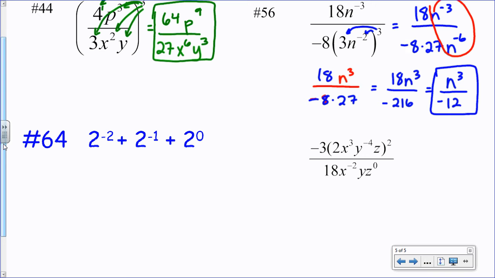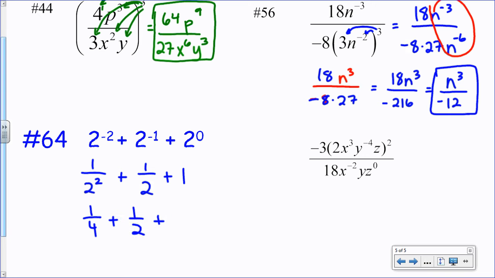So 2 to the negative 2 would be 1 over 2 squared. Plus, what's 2 to the negative 1? 1 over 2, 1/2. What's 2 to the 0? 1. 1 over 2 squared is 1/4.